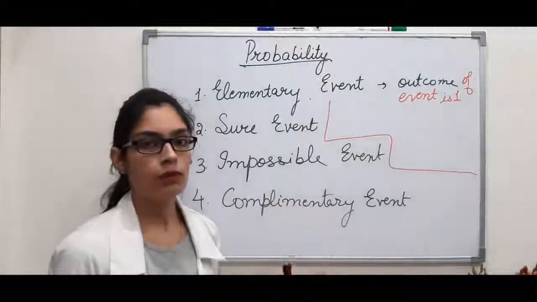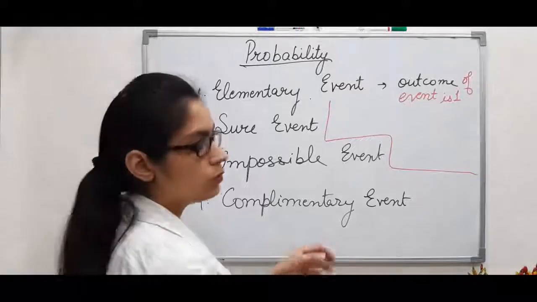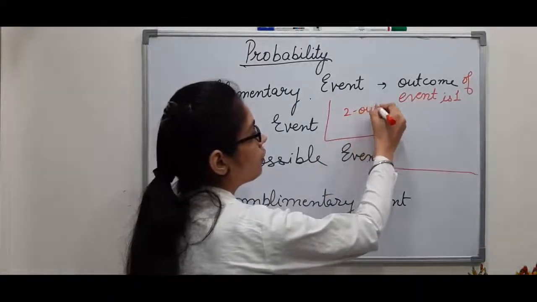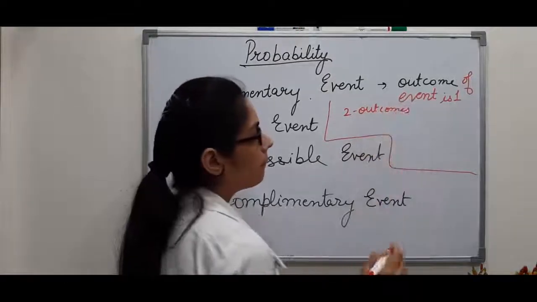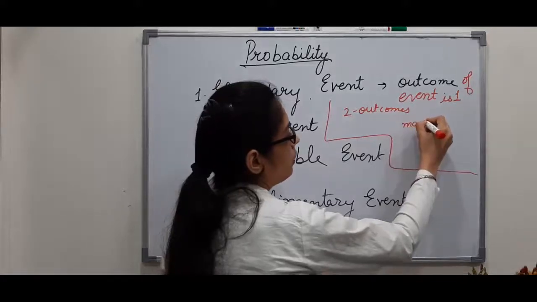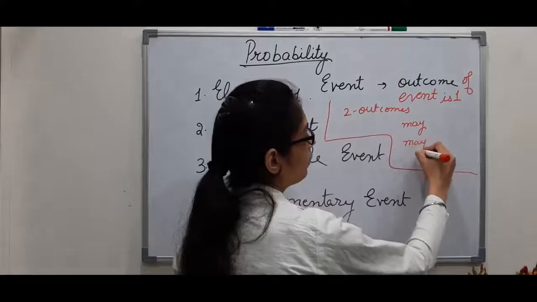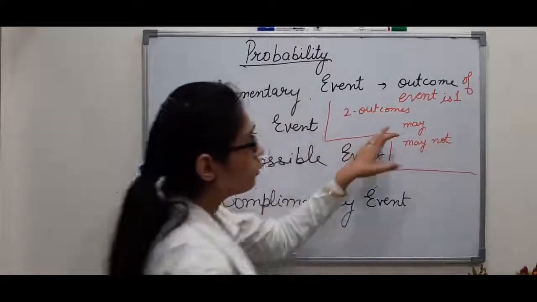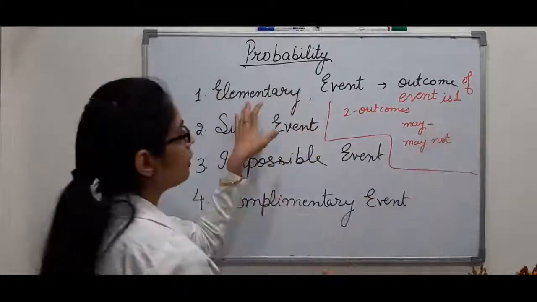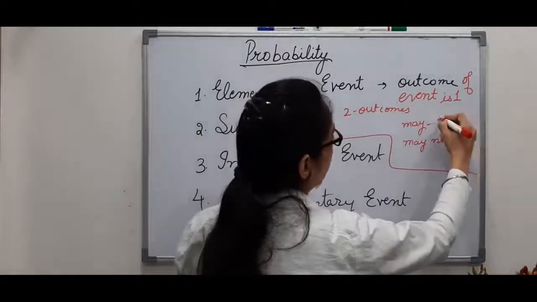Our experiment was whether it will rain or it will not rain. So in rainy day outcomes were 2, total outcomes were 2 and events were 2. One was for it may rain today and one was for it may not rain today. So these separate 2 outcomes, these are my elementary events.